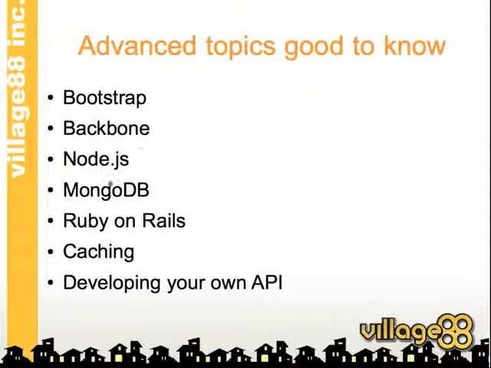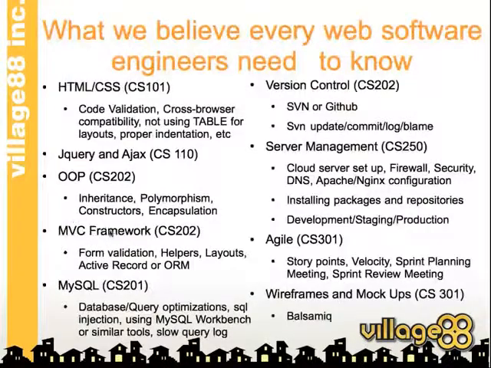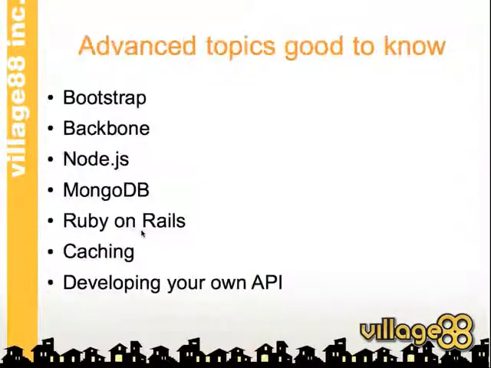For example, Ruby on Rails: if you know how an MVC framework works, and if you have done that using PHP or Python or whatever language, you can pick up Ruby on Rails in probably a few days. Backbone, again, is an MVC framework, so if you've used another MVC framework, you can probably master this in a few days again.